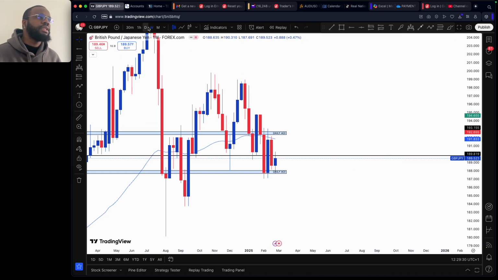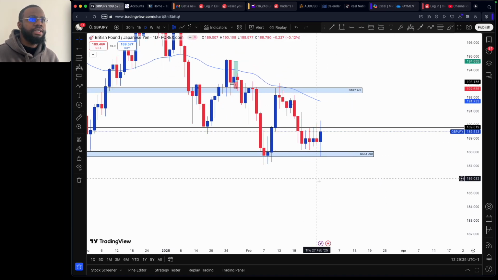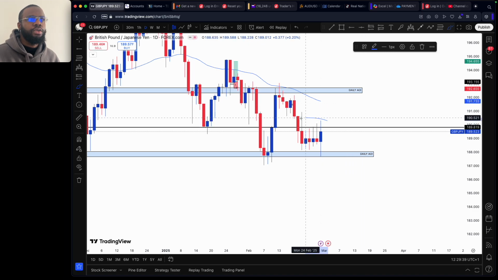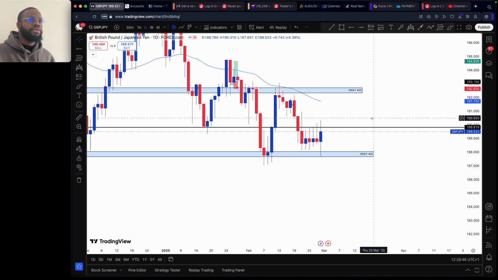Then on the daily time frame we are still very bearish, but price decided to go on a consolidation in this zone. So you know we cannot trade consolidation.